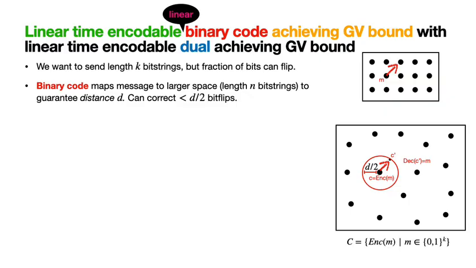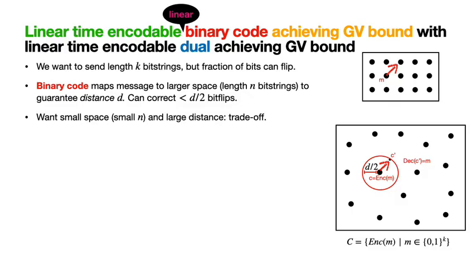Usually when we talk about a binary code, we refer to it with the letter C, and C refers to the set of all encoded messages. So we do not explicitly denote the encoding function or the decoding function, where the decoding function maps a bit string to the nearest encoded message.